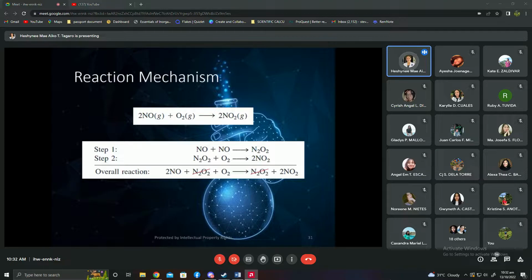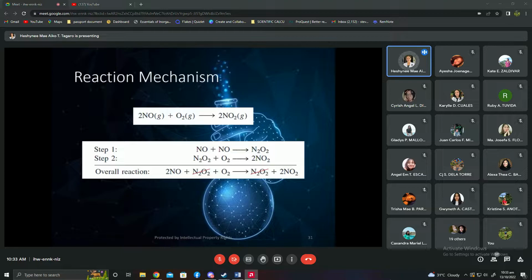So we know that the products are not formed directly from the collision of two nitric oxide molecules with an oxygen molecule, because dinitrogen dioxide N2O2 is detected during the course of the reaction.